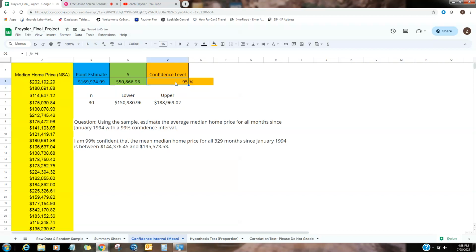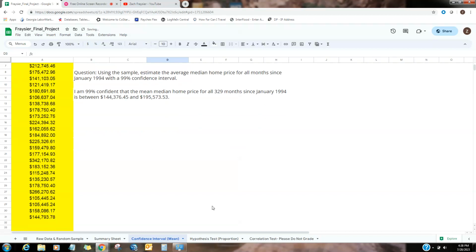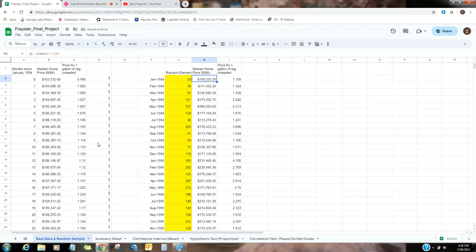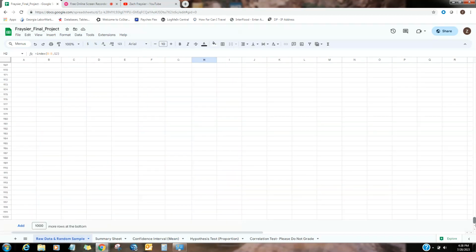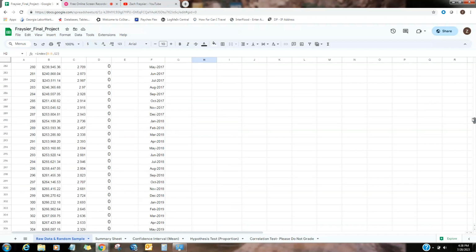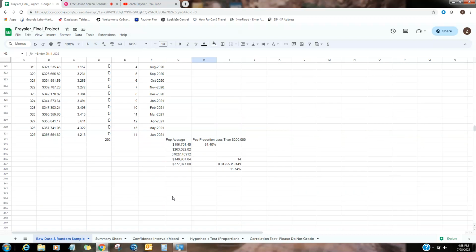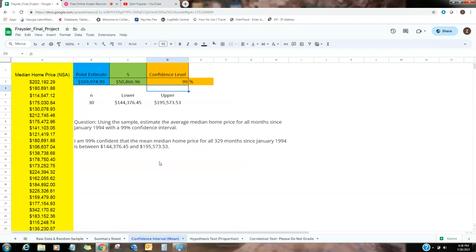We can go 99.99, and that's going to capture a lot more of the values. But stick with 99. Going back to the raw data, the actual average for the population was 186,701, which is within this.